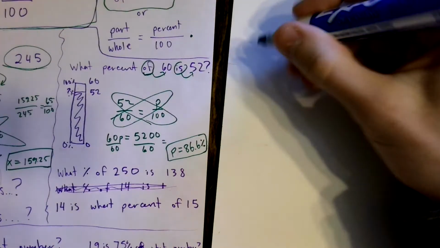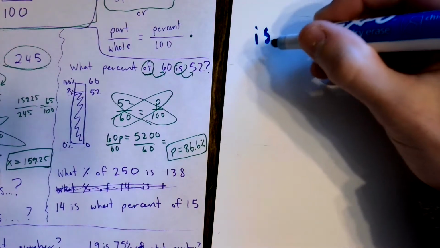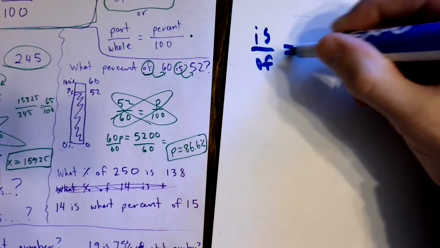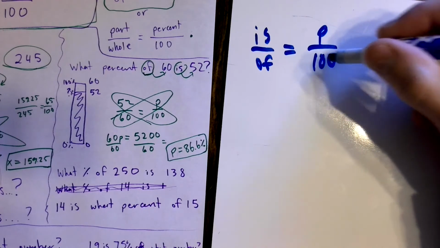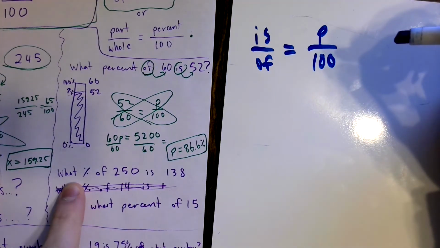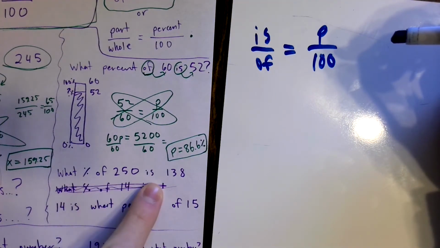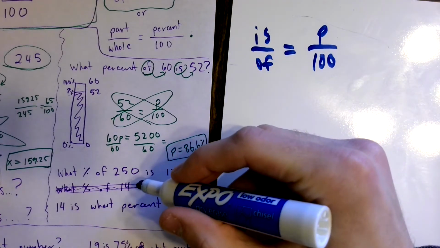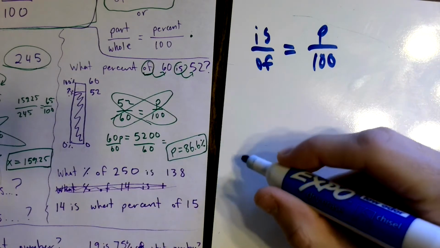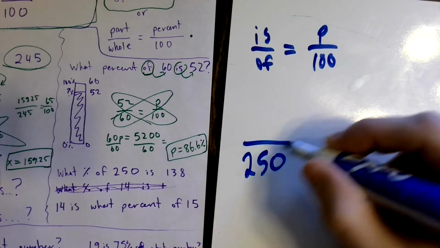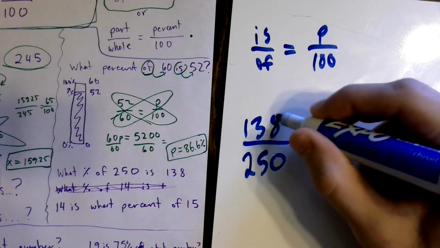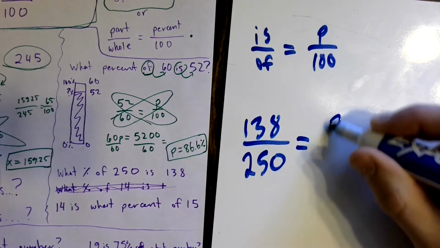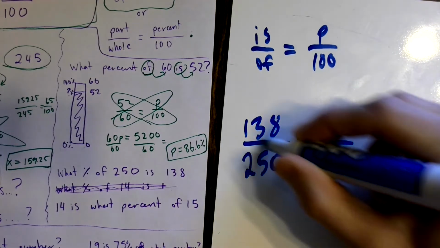We've got is divided by of equals p over 100. Looking at this one, what percent of 250 is 138? Making sure I'm putting these in the right spots, my of is 250 and my is 138, equals percent over 100. And you know how to do the rest from here.